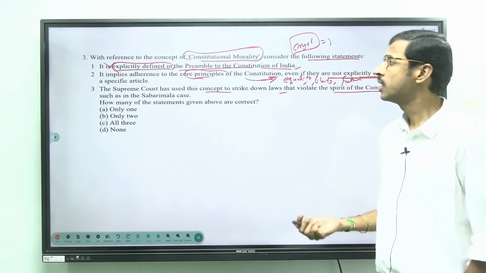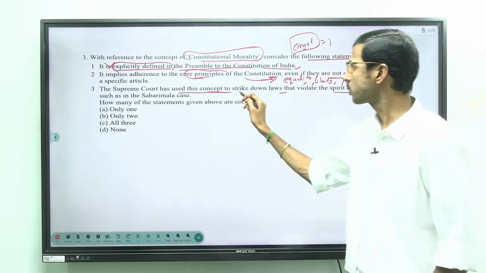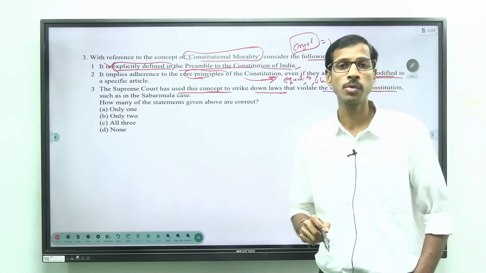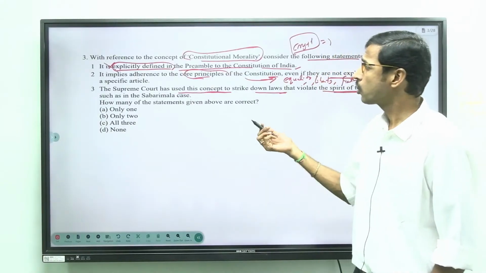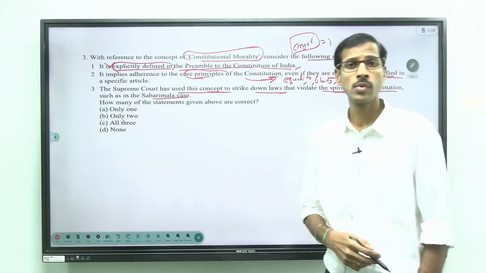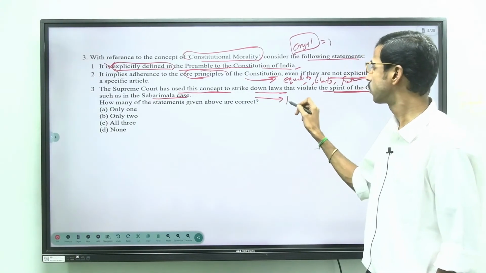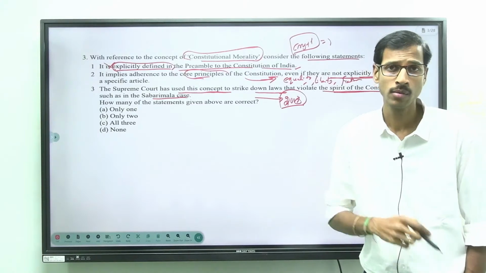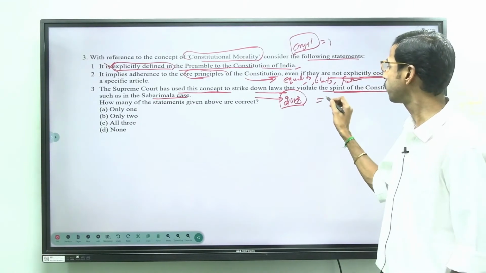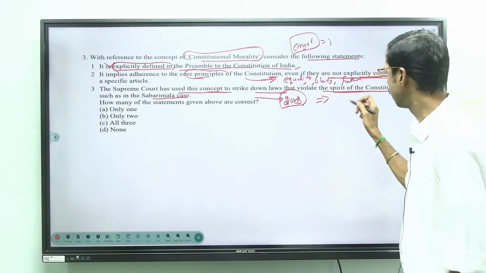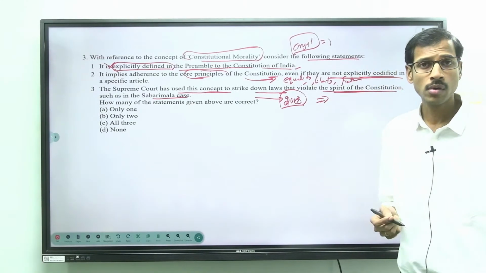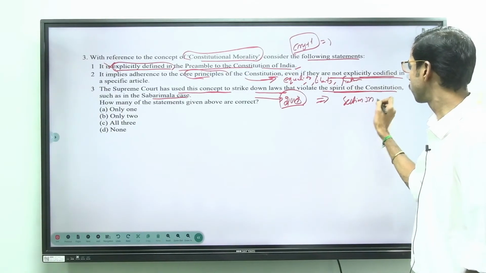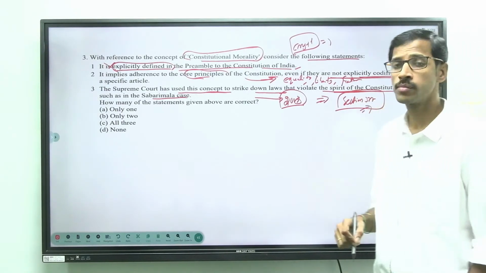So the Supreme Court has used this concept to strike down laws that violate the spirit of the Constitution, such as in the Sabarimala case, right? If you see the Sabarimala case, 2018, versus Union of India, the 2018 Kerala case. Apart from that, the decriminalization of Section 377 is also very important here, right?